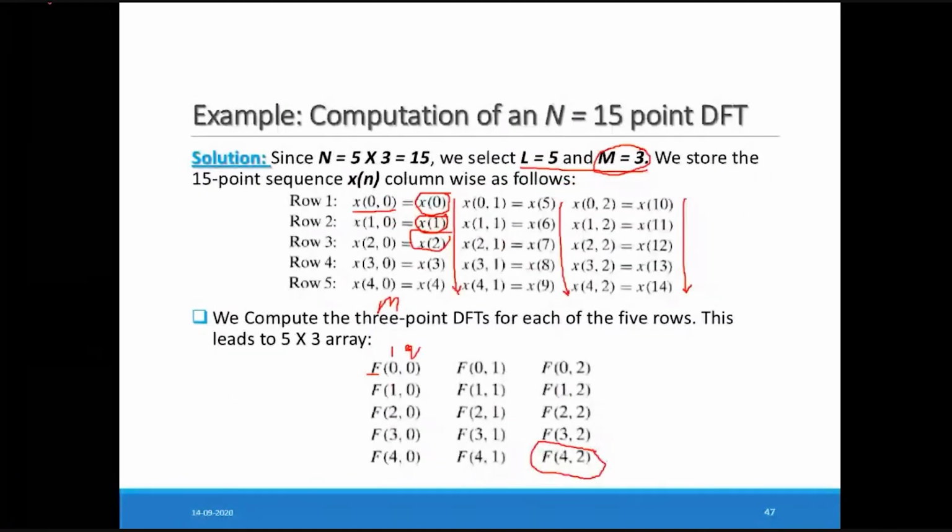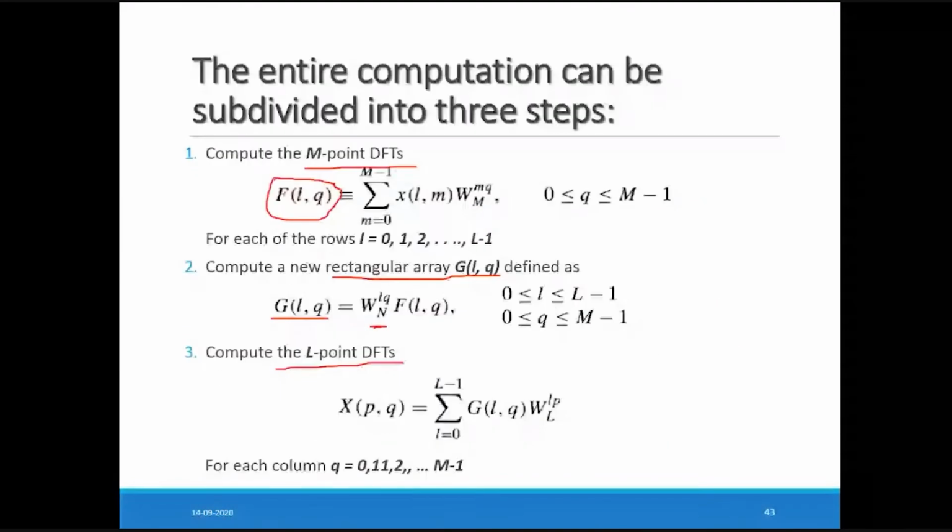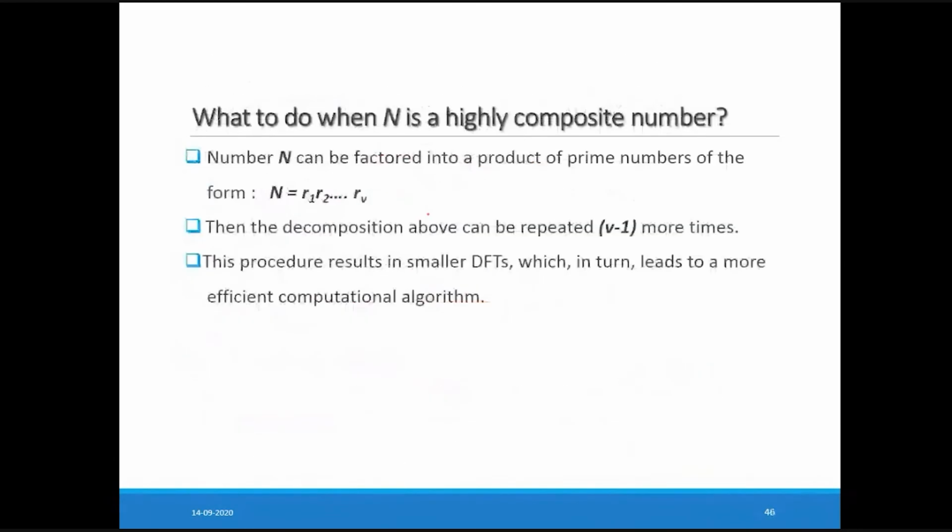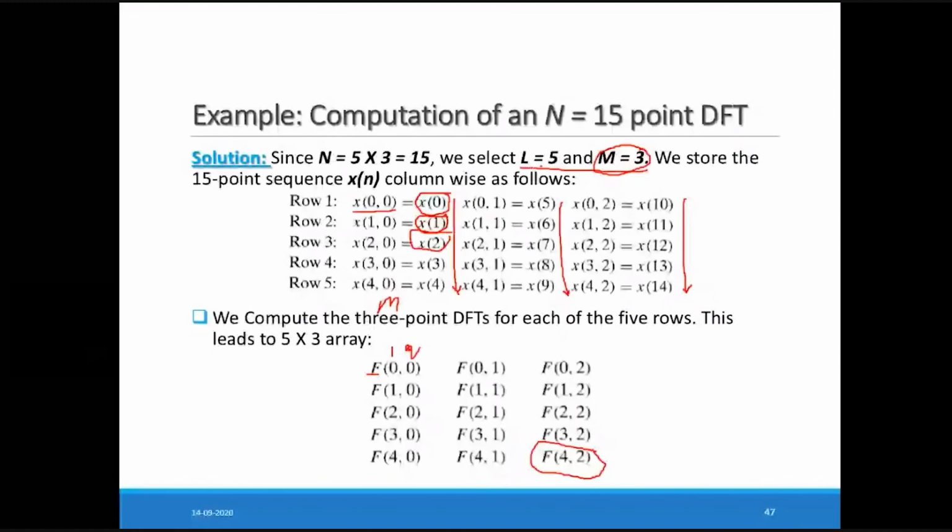Okay. Here what happened? Here we are representing this equation. Initially, we have to calculate the m point DFT from x of n. So whatever x of n is given to us, we represent that data into L cross m. Okay. So that we represented over here. Here L is equal to 5 and m is equal to 3. So we represented this x of n into x of L comma m. Okay.